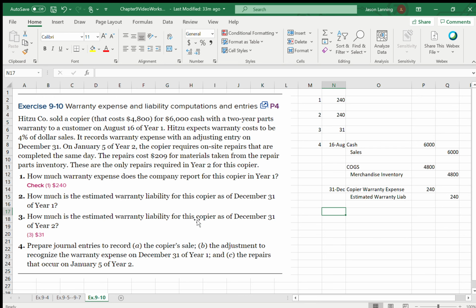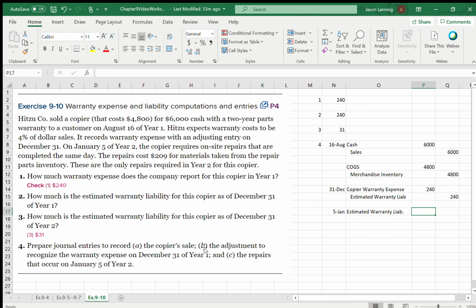It tells us that it's $209 for materials taken from repair parts inventory. So if we had a $240 liability here, and the date on this again was January 5th, we're looking at fulfilling 209 of that, and we know we have to debit the estimated warranty liability because we, in essence, credited it.